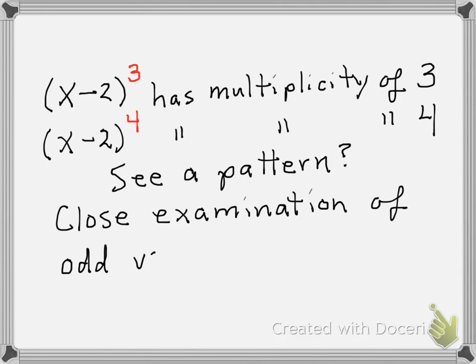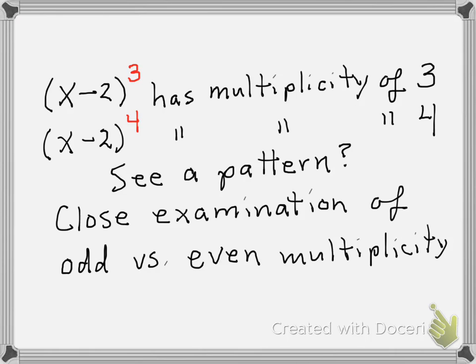Alright, one more thing about this. If we look, and particularly using our technology, at an examination of the odd versus even multiplicity. So this is odd still, this is even still.